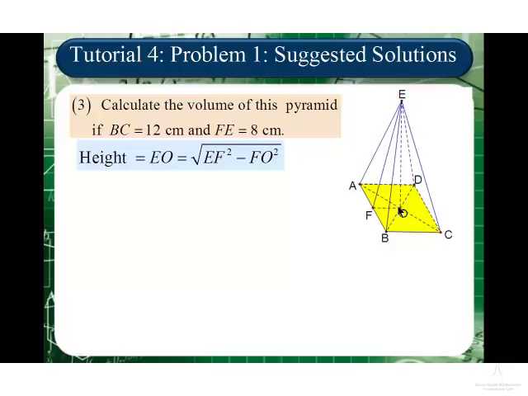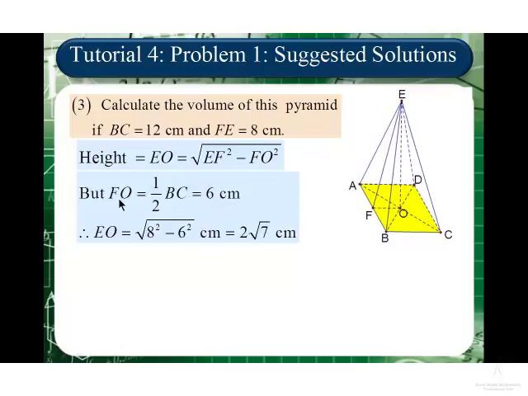So we can calculate the distance EO as the square root of EF squared, that is the hypotenuse side of this right triangle, minus the square of the distance FO in such a case. So the challenge then becomes finding the distance FO, because we were given the distance EF.